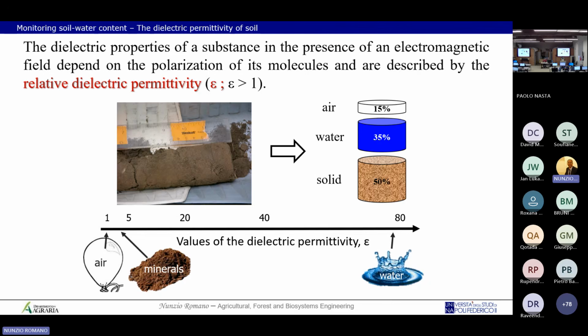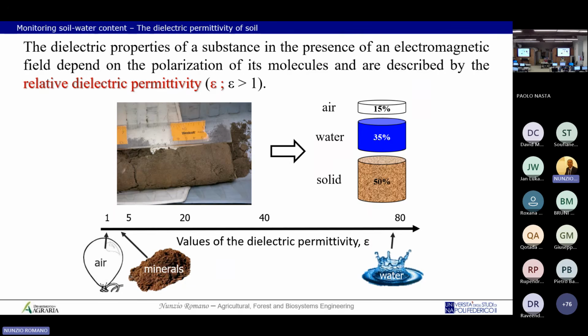Of course, the volume occupied by the soil particles remains quite the same if the soil does not swell or shrink. Of course, we are not considering a swelling or shrinking soil just in my talk. But shrinking and swelling are also very important processes that affect the measurement of soil water content.